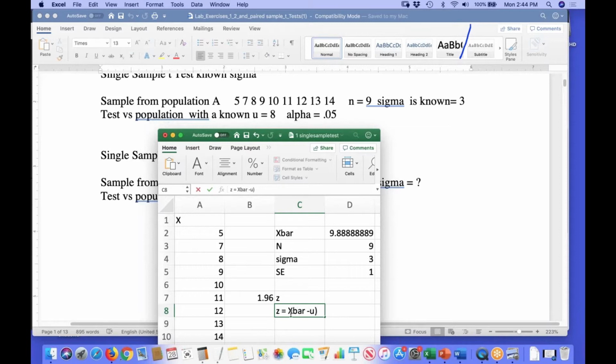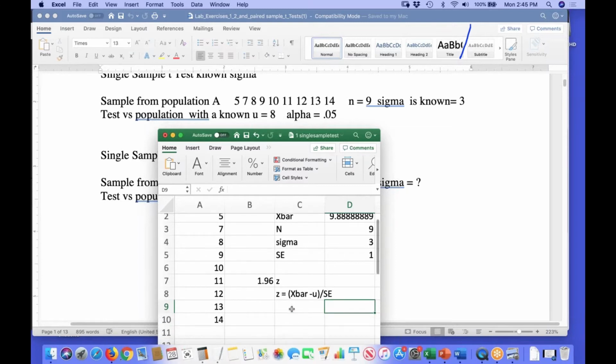I'm going to see how far apart they are, right? The difference between the mean we know and the mean of the population we found from the sample. And I'm going to divide that by the standard error. That'll give me the number of standard errors apart. In other words, how many z-scores apart are they? So let's calculate that.